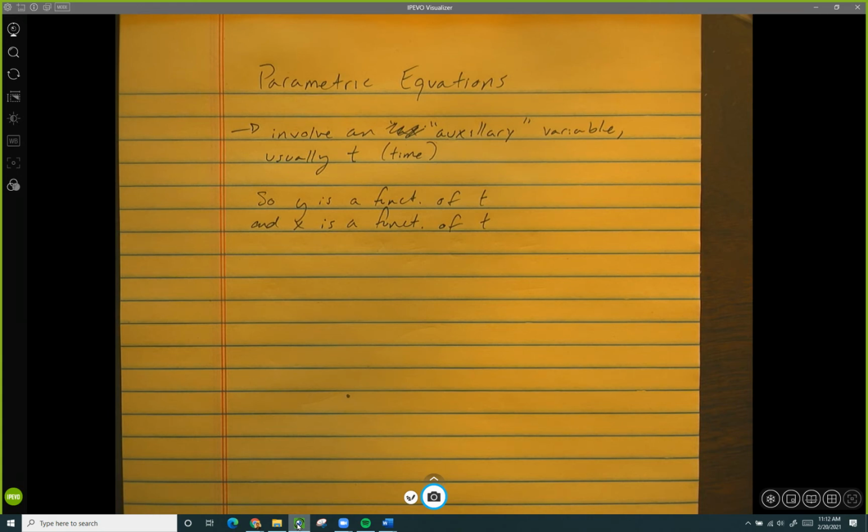What parametric equations allow you to do is create more exotic looking curves than just the standard functions that pass the vertical line test. So you can graph circles, loop-de-loops, cycloids, and there's a bunch of other fancy names for these things.